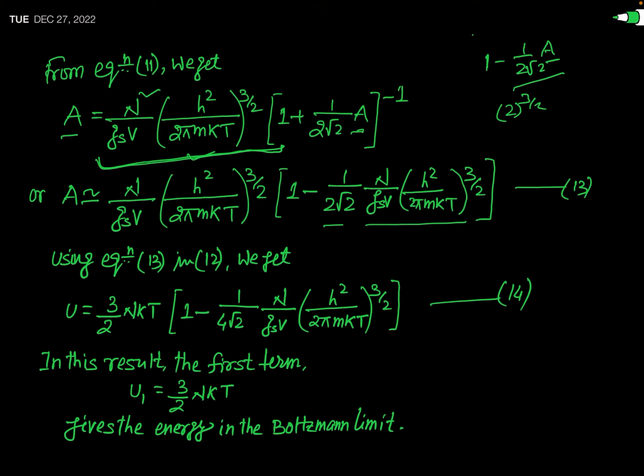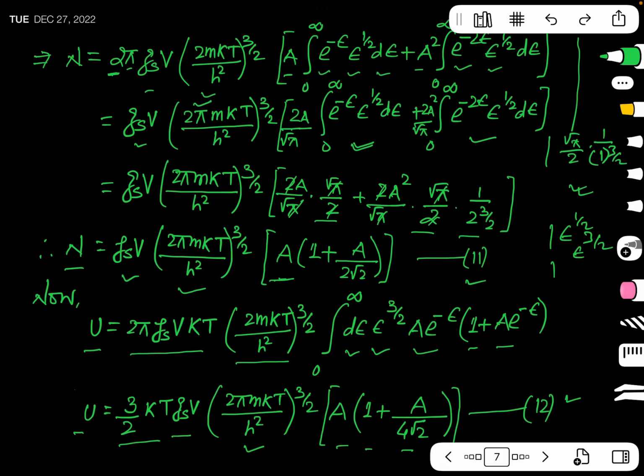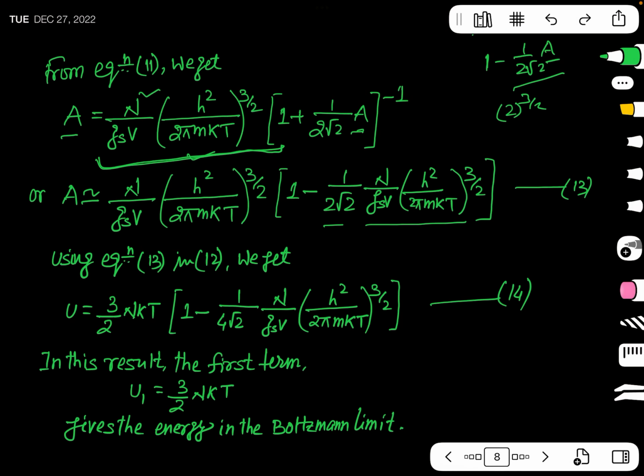Now this value of a will be substituted in equation number 12. You can see equation 12 here. When you substitute at the place of this a the value obtained there, then you will get the value of u.